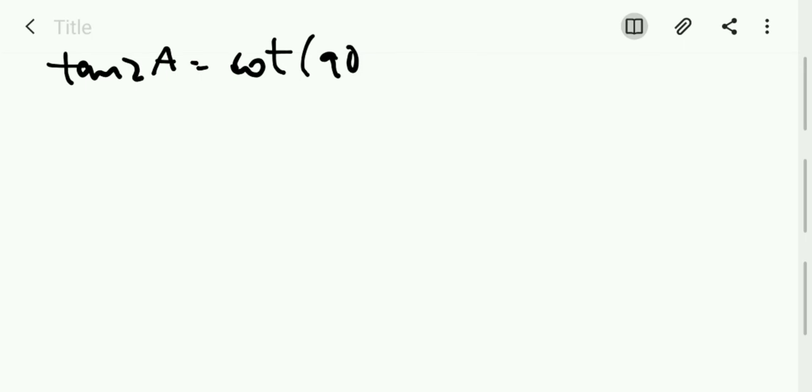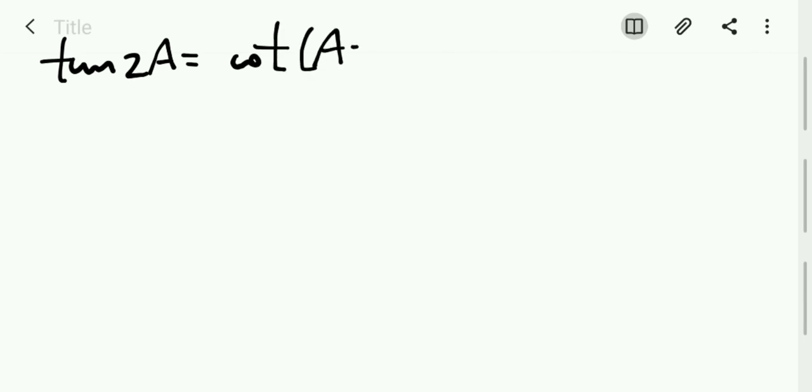Now, moving on to the next problem. The next problem states tan 2A is equal to cot 90 minus, sorry, it's not 90, it's A minus.